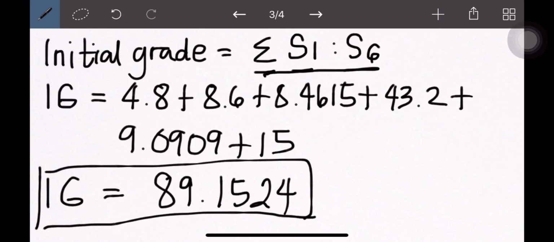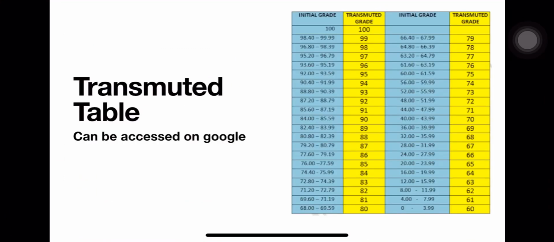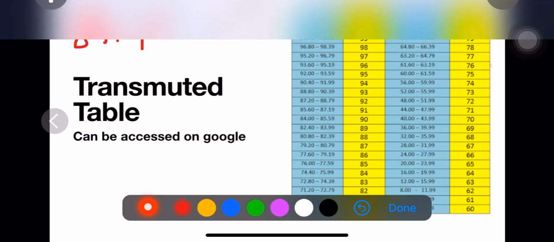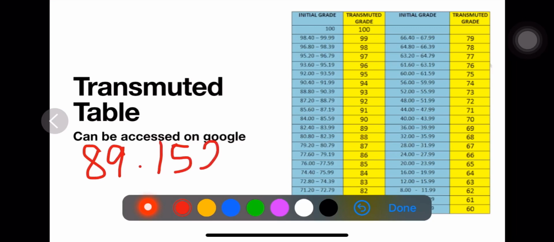Plus 43.2 plus 9.0909 plus 15. Okay, correct. Quality check. So 89.1524. Alright, so the initial grade of Rizal is 89.1524.